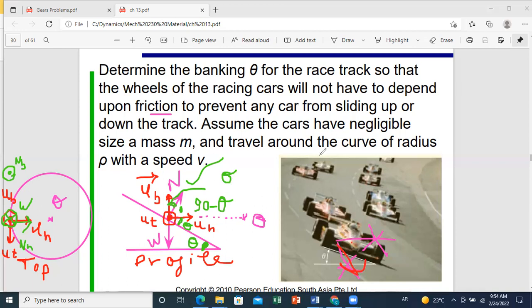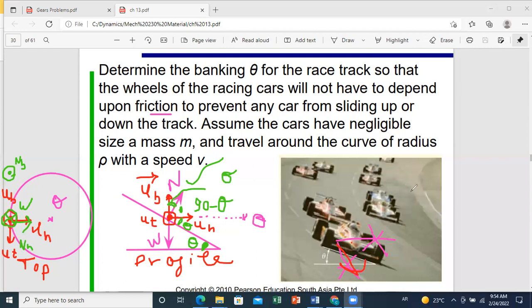Let me check your chats. Yes, Ribal, I will repeat how I put the vectors. Look, always UN UT is the plane of motion, okay? So first you should imagine, what is my plane of motion?